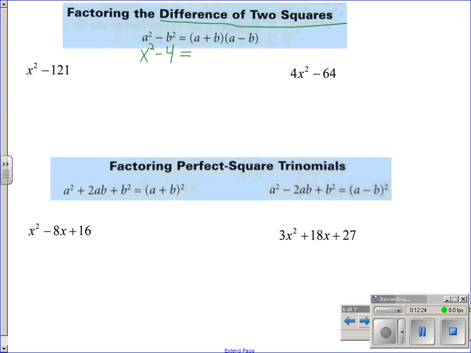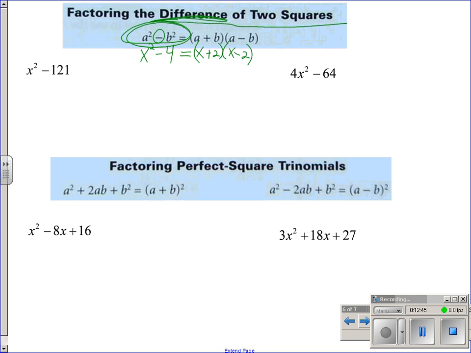This factors with this pattern, always. Now, it says difference of squares, so it's got to be this subtraction. So this would be x plus 2, x minus 2. Okay, when you see this pattern, a squared minus b squared, it factors quickly following this pattern.